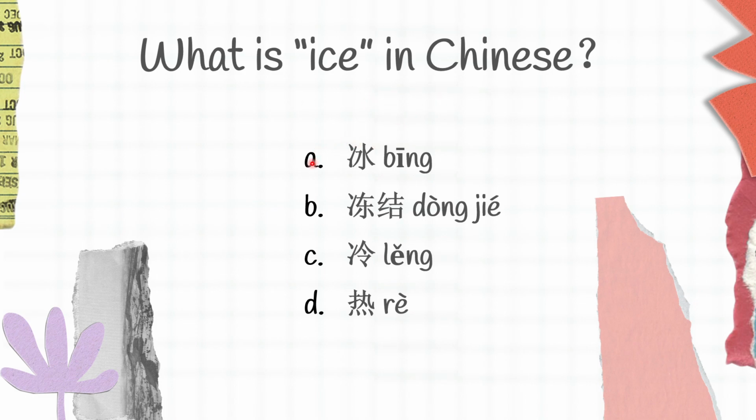So we have A, 冰, B, 冻结, C, 冷, and D, 热. So let's think first, guys.